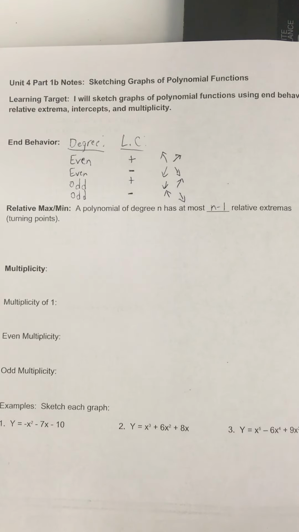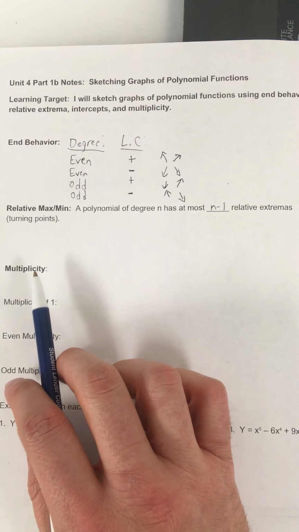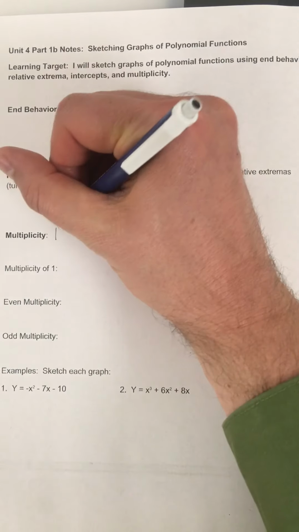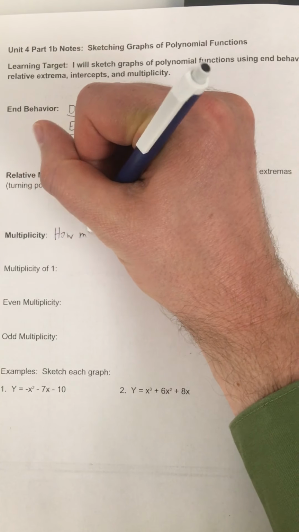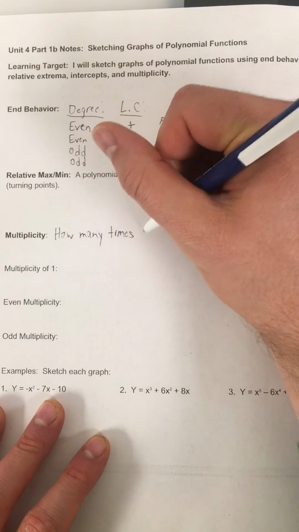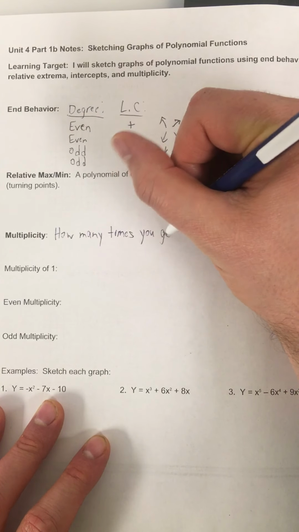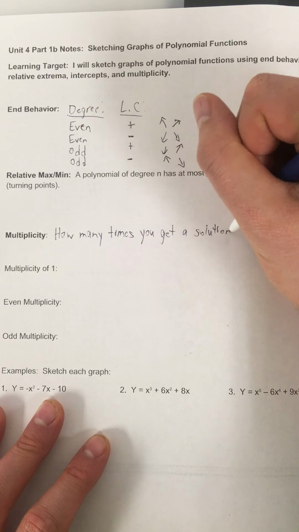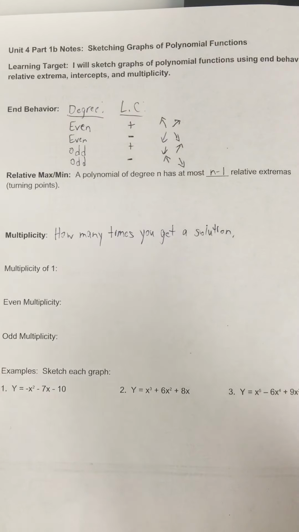One last thing called multiplicity, which is just a fancy word. It's how many times you get an answer, or how many times you get a solution. Like when you factor a problem and then you get x equals blah blah blah, x equals blah blah blah.